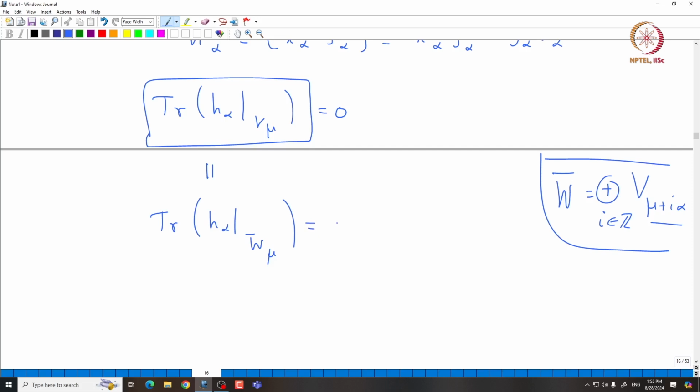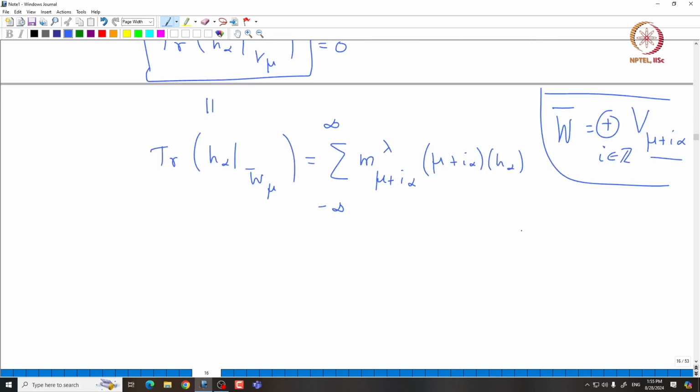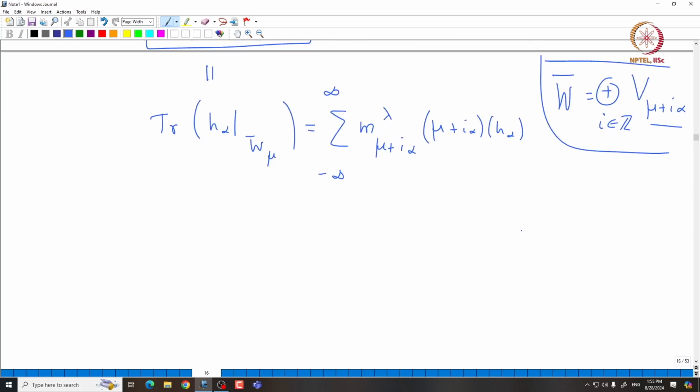So, now you have to sum over all of them. This is going to be the summation from minus infinity to infinity of the multiplicity of mu plus I alpha in lambda, times mu plus I alpha applied on h alpha. That is going to be your trace. If you rewrite this, you see that this is exactly equal to the summation from minus infinity to infinity of the multiplicity of mu plus I alpha in lambda times mu of h alpha plus 2I, and this is exactly 0.